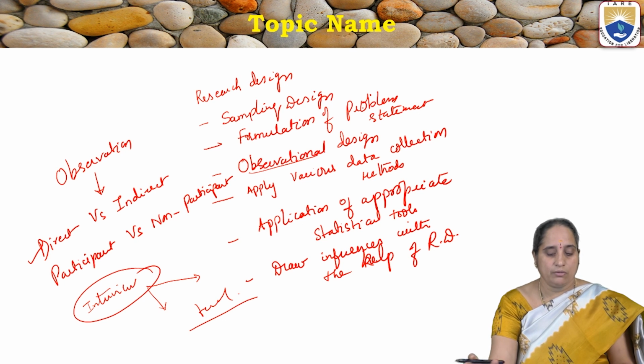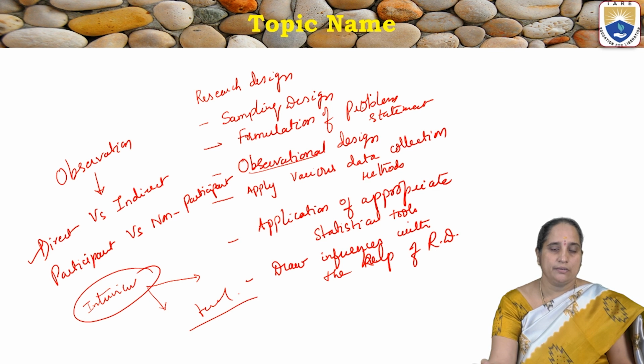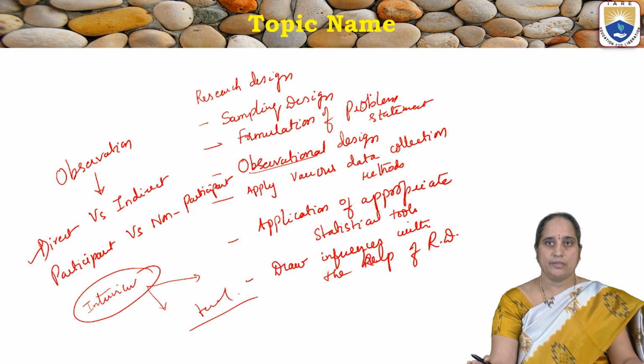And participant or non-participant: sometimes they directly participate and introduce themselves, and just being part of the group they observe things, and sometimes they never interact. So there are different kinds of observations. But the ultimate aim, whatever the type of method you use to collect the information, is related to the nature of the study. The nature of the study, nothing else.